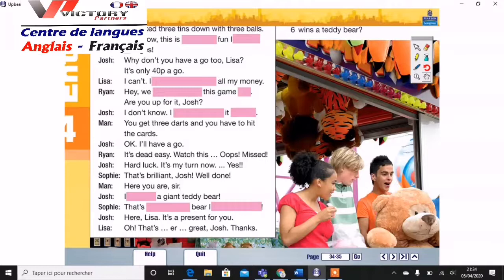You get 3 darts and you have to hit the cards. Okay, I'll have a go. It's dead easy. Watch this. Oops! Missed. Hard luck. It's my turn now. Yes! That's brilliant, Josh. Well done. Here you are, sir. I've won a giant teddy bear. That's the biggest bear I've ever seen. Here, Lisa. It's a present for you. Oh, that's great, Josh. Thanks.